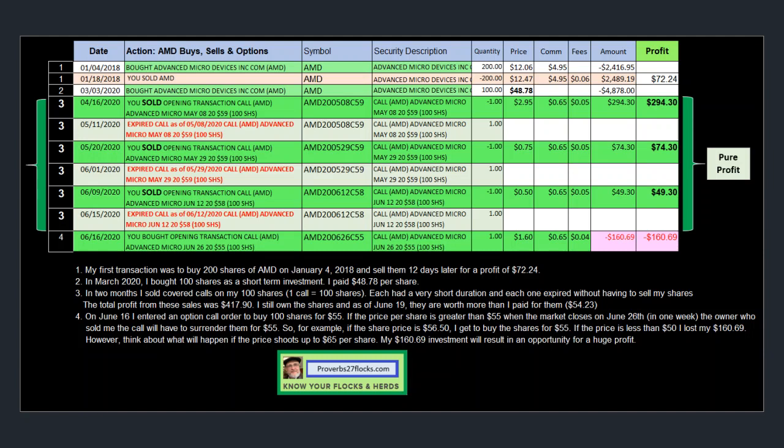You must have 100 shares, though, a minimum of 100 shares, in order for you to be able to sell covered calls of positions that you own. You should also be willing to lose your shares.